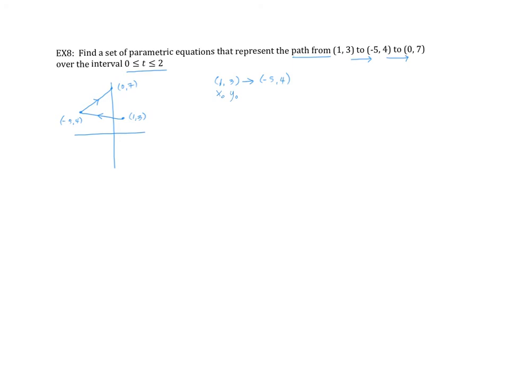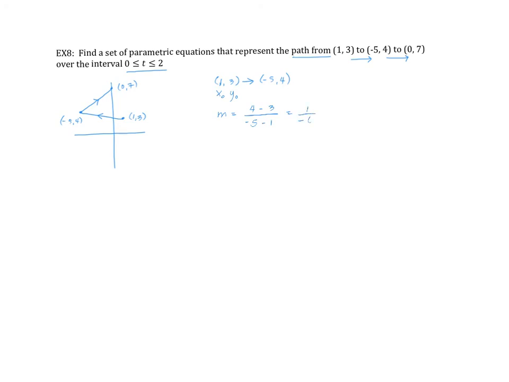I'm going to use the general parametric form of the equation of a line segment, or a line. I need my slope. So in this case, since I'm starting at 1, 3 and ending at -5, 4, I'm going to do ending minus starting point. So it's going to be 4 minus 3 over -5 minus 1, which would give me a slope of +1 over a -6.